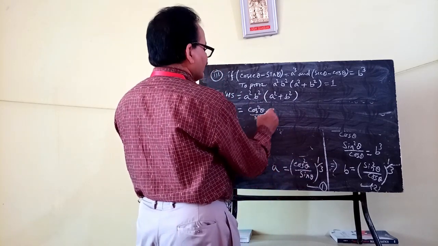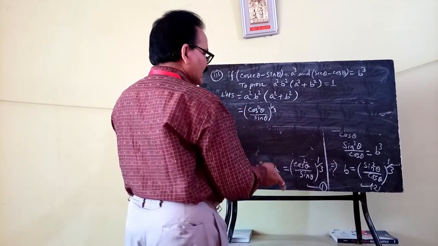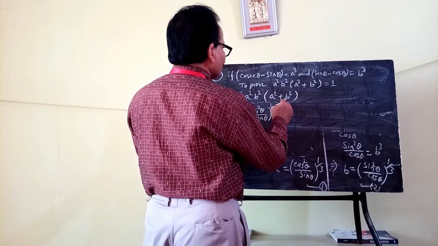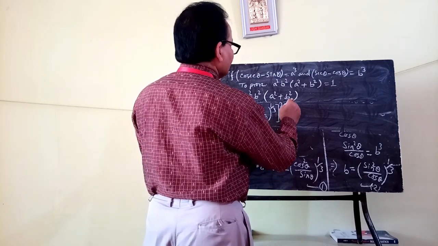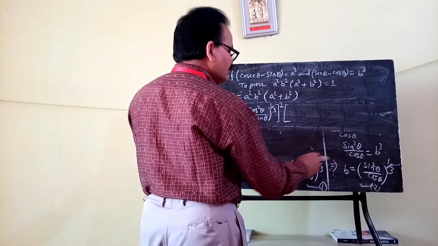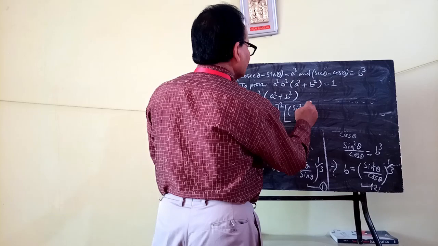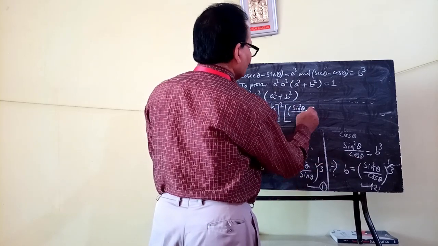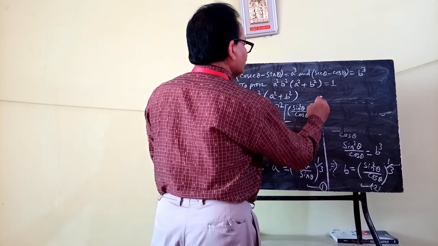And here a square, whole to the power 1 by 3, and because of the square again you write whole to the power 2. Similarly b also: sin square theta by cos theta whole to the power 1 by 3.